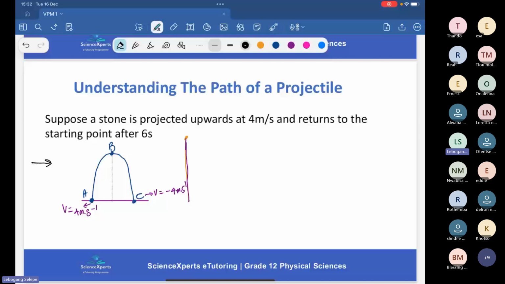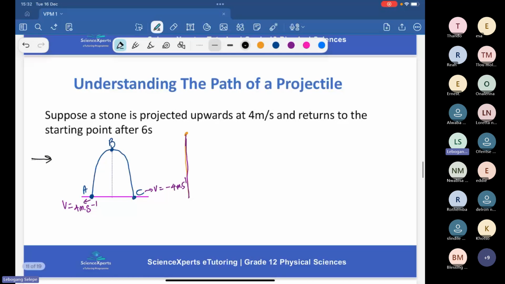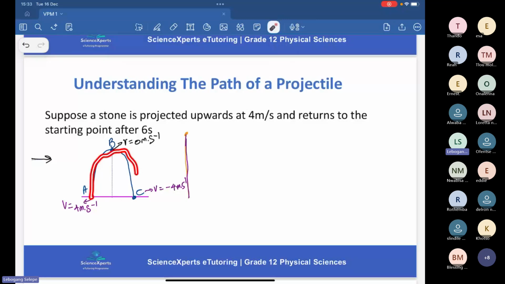All right, so now at B, the velocity is 0 meters per second, right? The mathematical explanation is that the gradient of this position-time graph represents the velocity. What is the gradient here?